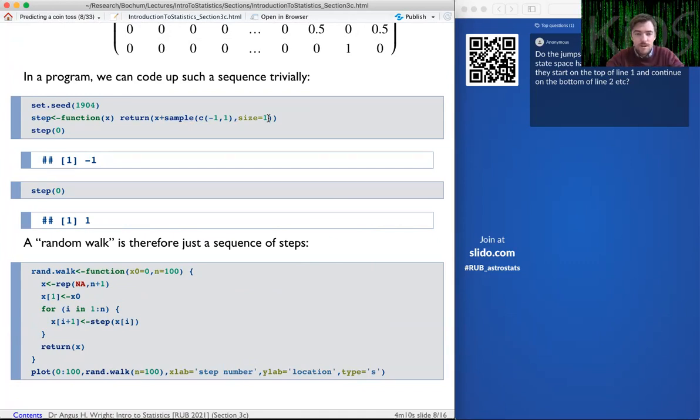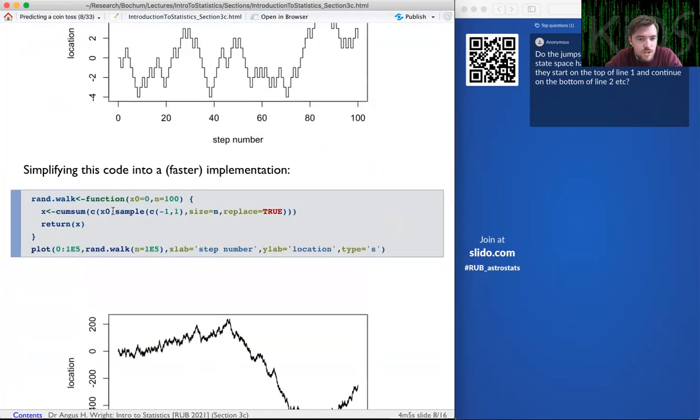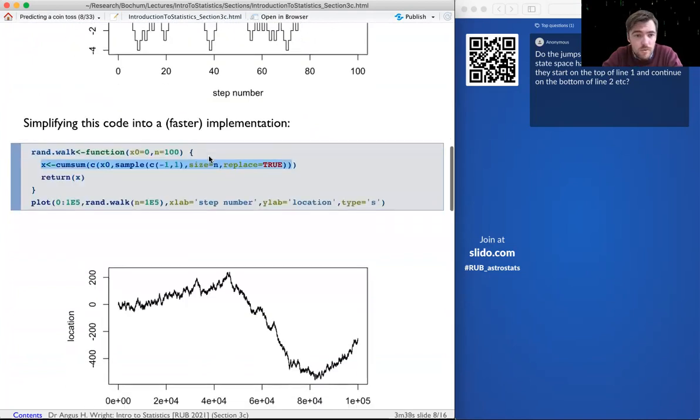I can simplify the random walk by describing it as a series of steps. So this will give me n draws from either +1 or -1. And then my random walk is just the cumulative sum of all of those steps, because that's how we walk. Our walking is a cumulative sum of steps. I can now create a random walk that is much quicker because it doesn't have this for loop.